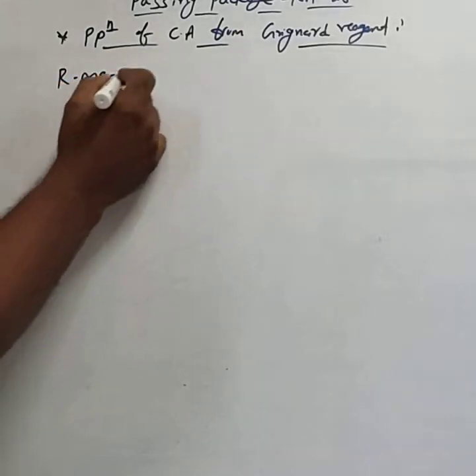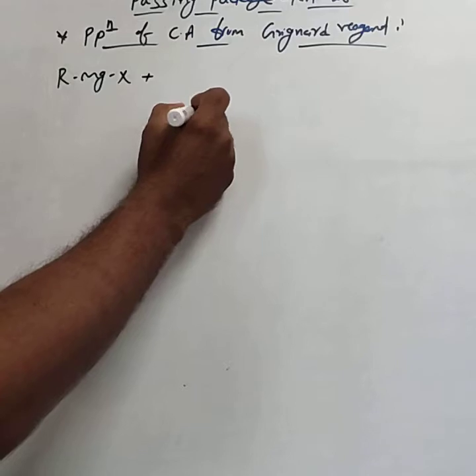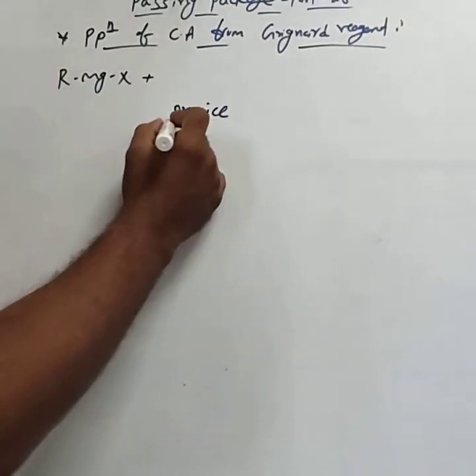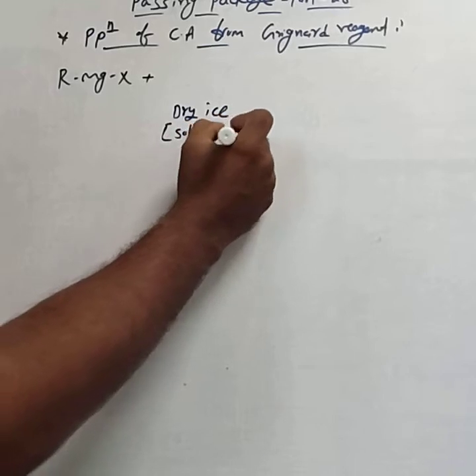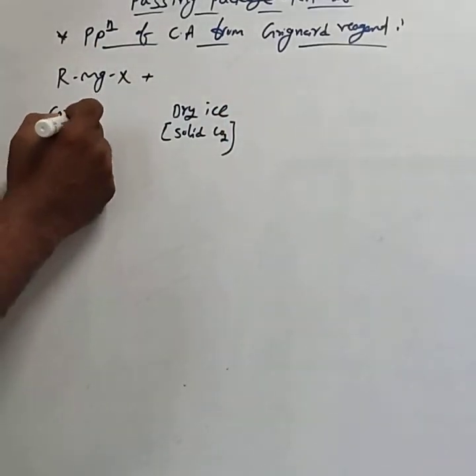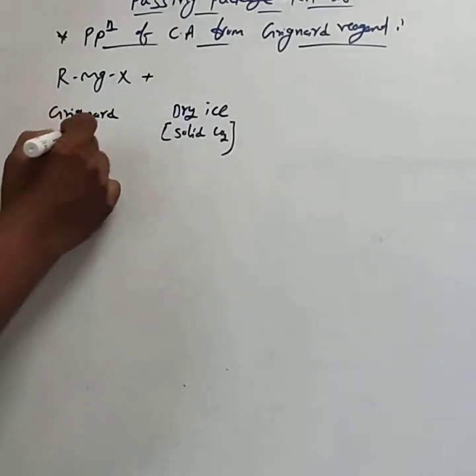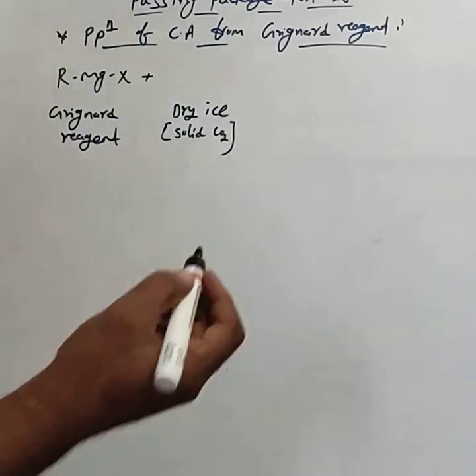When the Grignard reagent is treated with dry ice, meaning solid carbon dioxide.